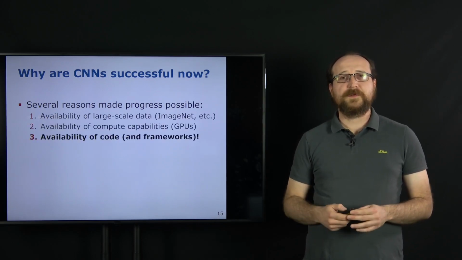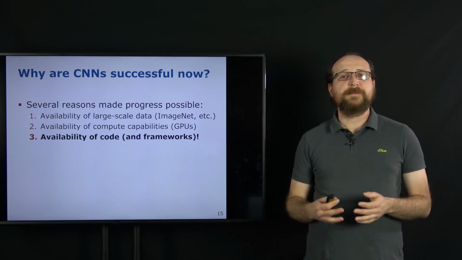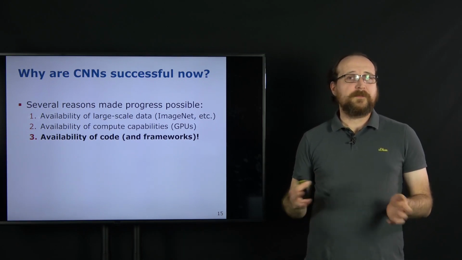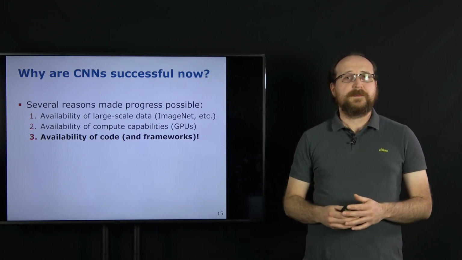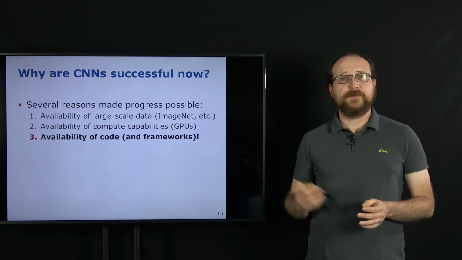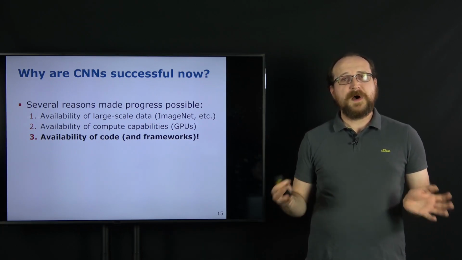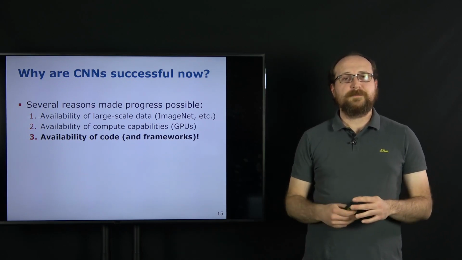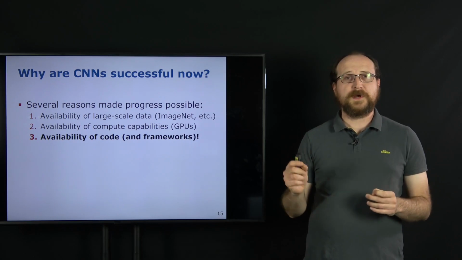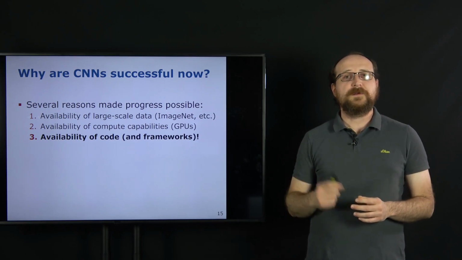The first thing was that at that point in time with ImageNet, there were for the first time datasets available that were gathered from the internet that allowed training on large-scale data. And as we will see, because convolutional neural networks usually have millions of parameters, we also need a lot of training data to train them. So this was one reason why in 2012 the time was ripe.